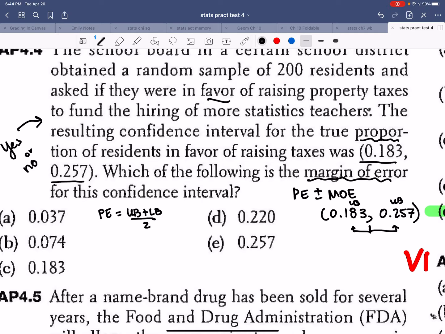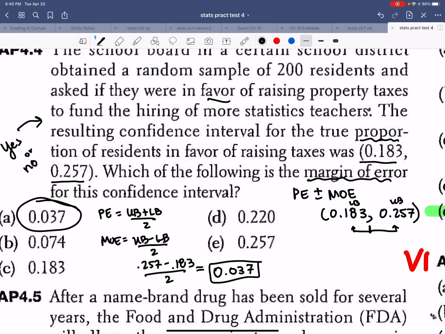Here they've asked for our margin of error, so you subtract the two and divide by 2. That should tell us how far apart they are. So that would be 0.257 take away 0.183, divide by 2, and let's see what we get. And I get one of my answers, so that's exciting. There we go, so we get part A.